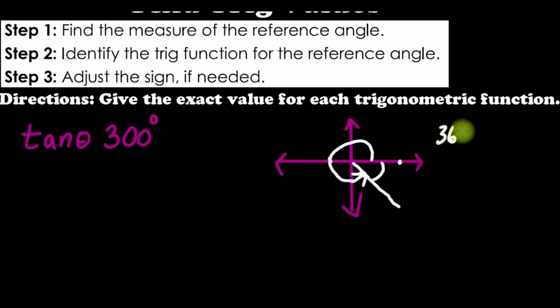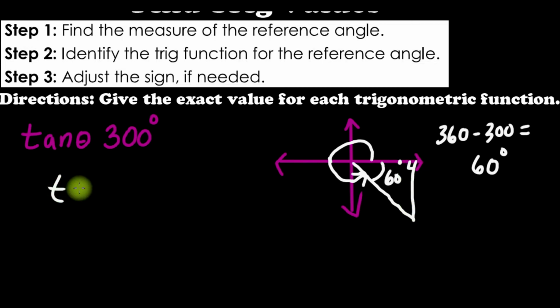So 360 minus 300 gives you 60 degrees. So the reference angle is 60 degrees. Here you have a 30-60-90 right triangle to work with. It's the same as finding tangent of 60 degrees.